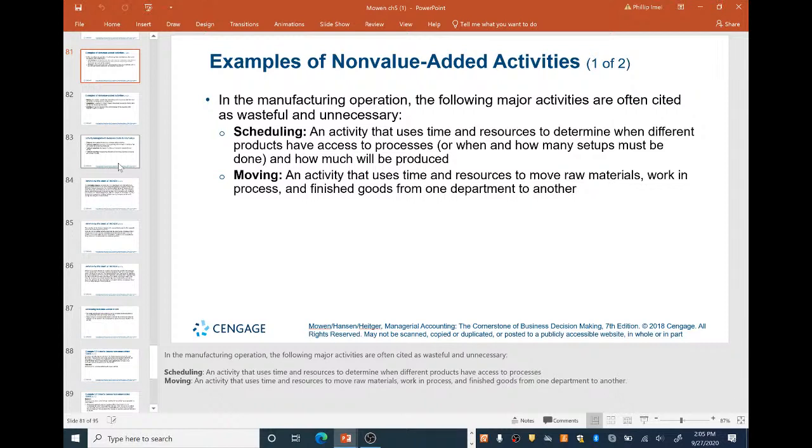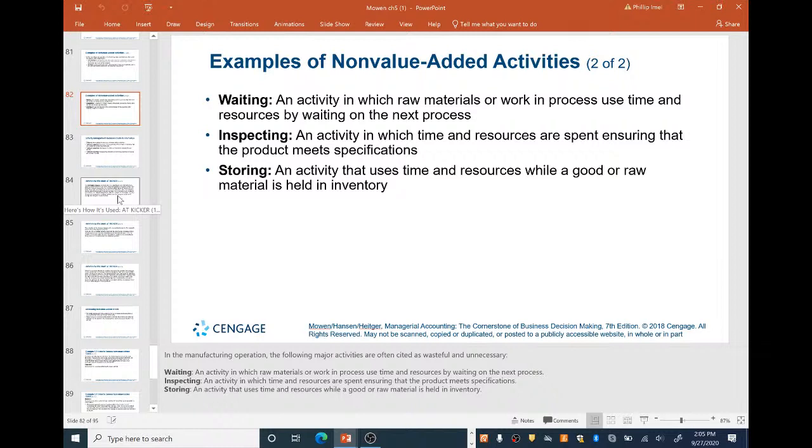Once again, this is dealing with your raw materials, your work in process, and finished goods moving from one place to another. Waiting, this is an activity in which raw materials or work in process use time and resources by waiting on the next process. That's why we want to eliminate these delays, whether from the supplier, on shipping to the customer, or within the actual manufacturing process itself.